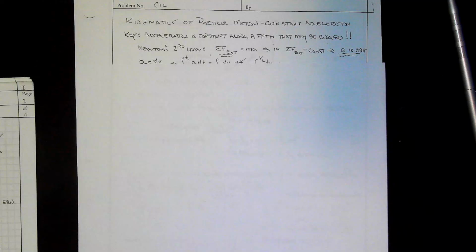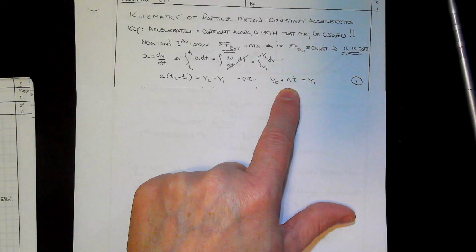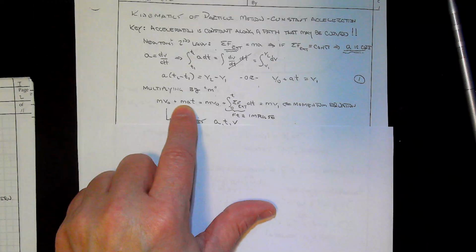So just to start things off here, the key to this is acceleration is constant along a path. Normally you've used constant acceleration equations with respect to projectiles, so you're looking in the y, you have constant acceleration due to gravity, okay?